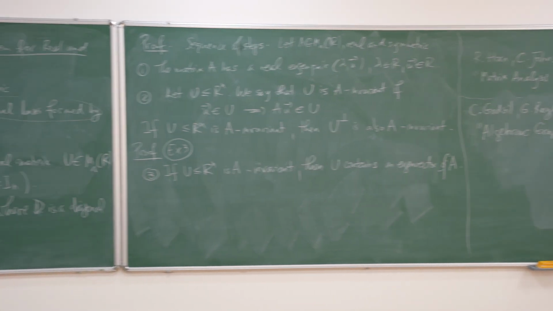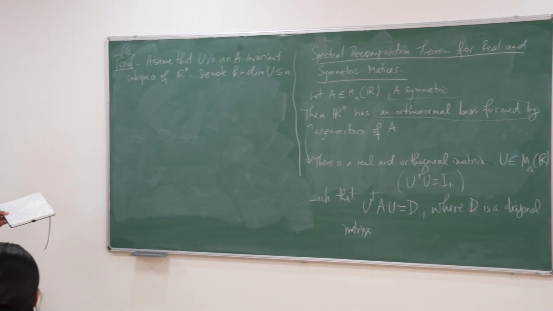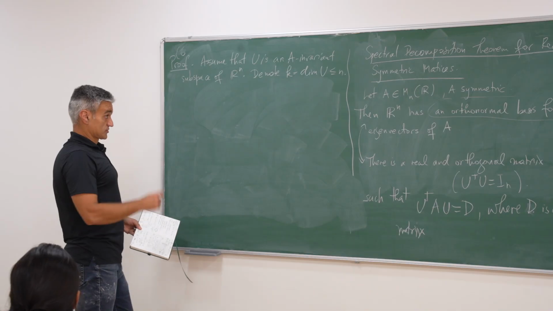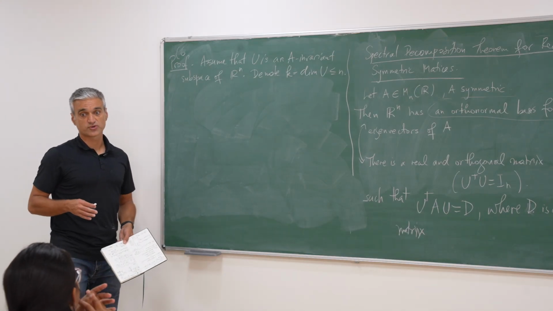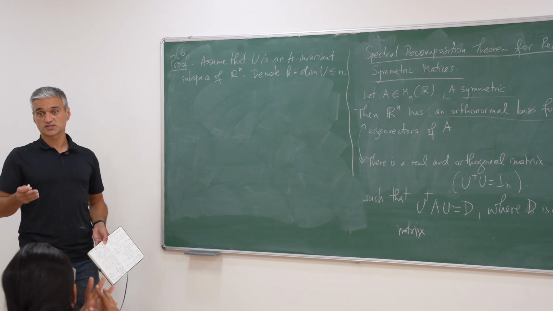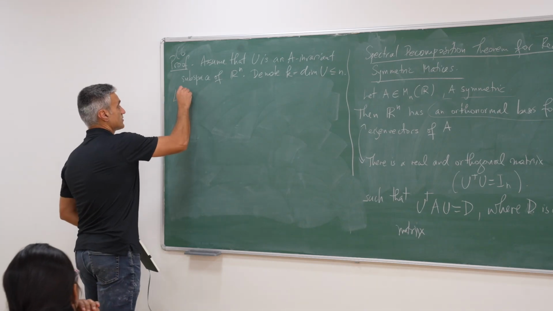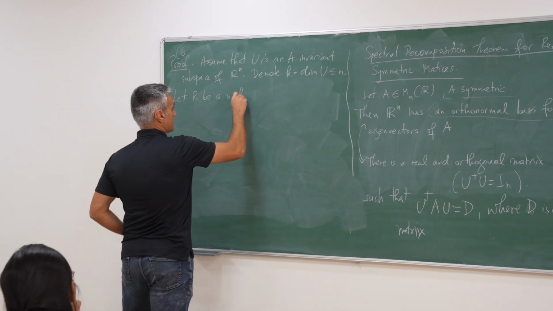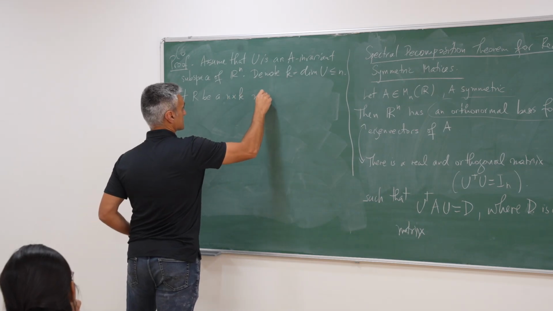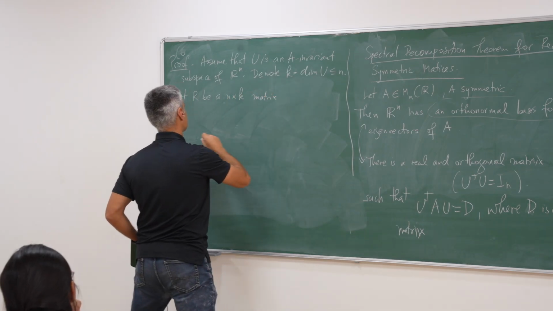Okay. So now we'll take a basis for U, and we're going to put those vectors in a matrix. Let R be an n times k matrix. This is what I call a tall matrix.